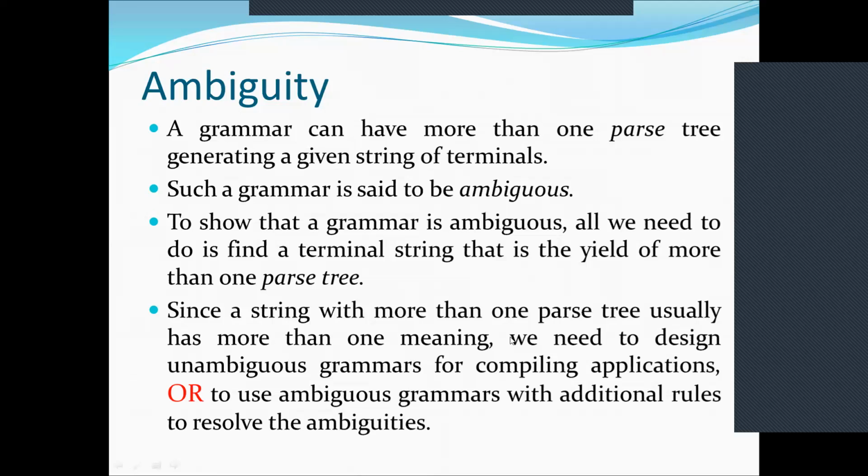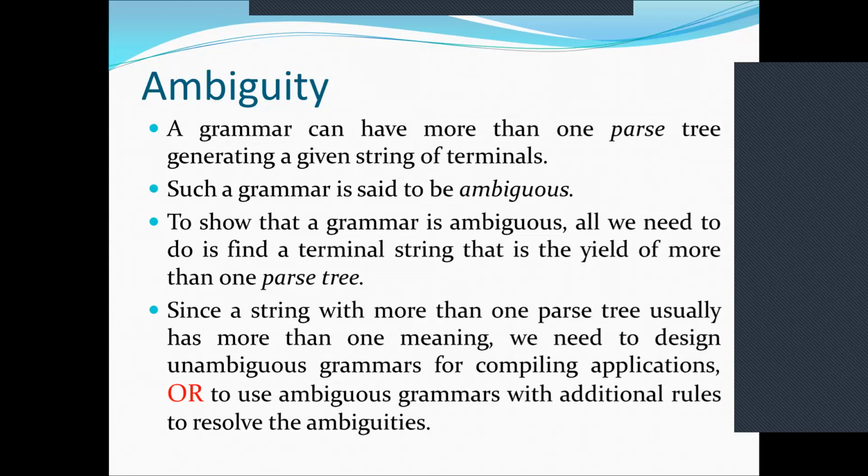Since a string with more than one parse tree usually has more than one meaning, we need to design unambiguous grammar for compiling applications, or to use ambiguous grammars with additional rules to resolve the ambiguity. If you are allowing your compiler to work with these ambiguous parse trees, you should have some features or additional rules that can resolve the problem of ambiguity.